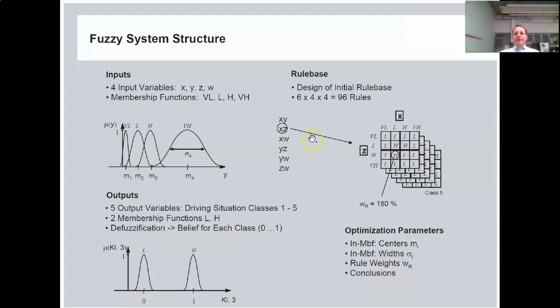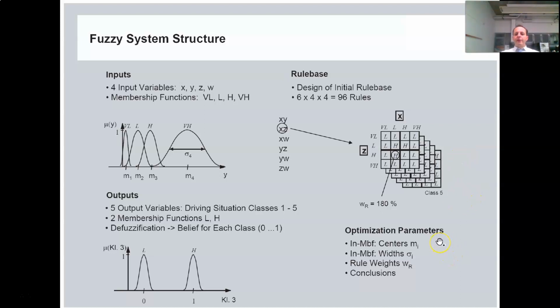for each class, and then depending on the input, we obtain a rule base which is generated by a number of rules. In this case, we have 95 rules because we have four inputs and 4 membership functions, and depending on the number of classes, we obtain this number of rules.